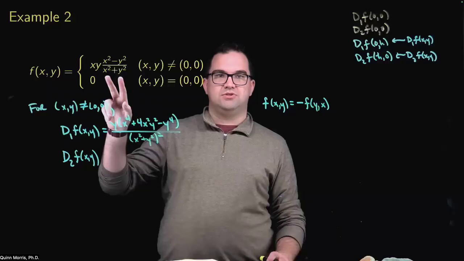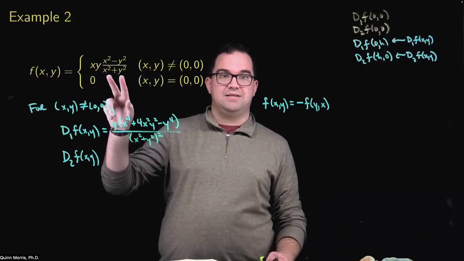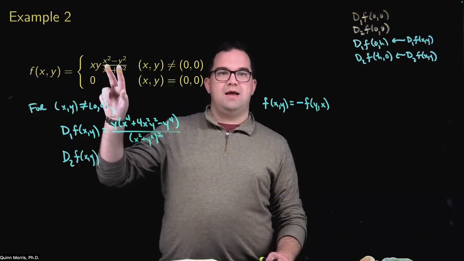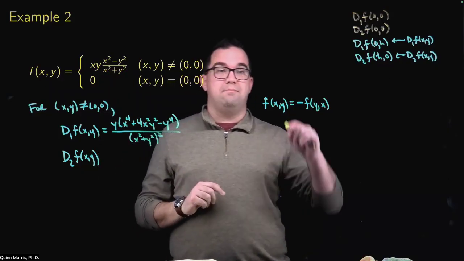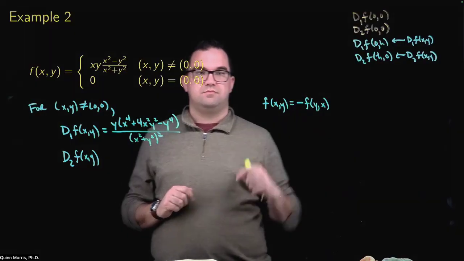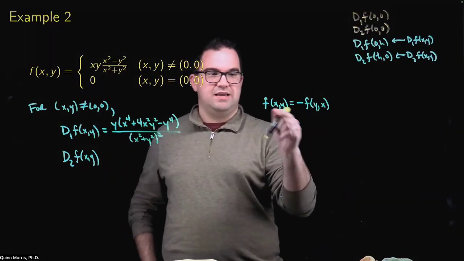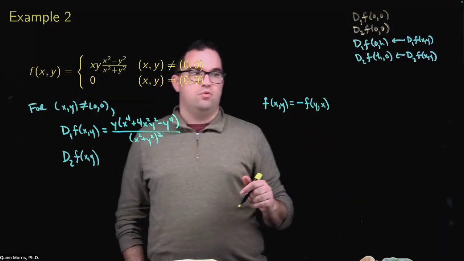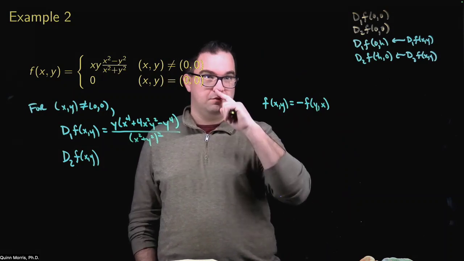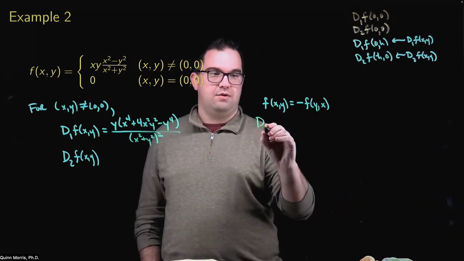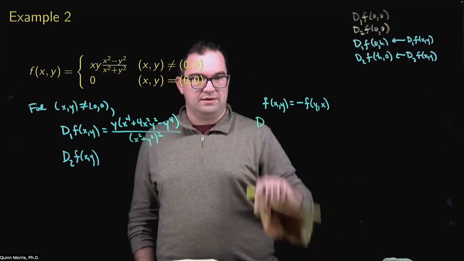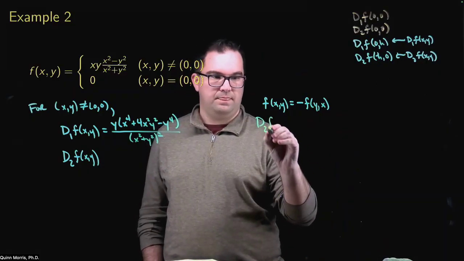X squared plus y squared just becomes y squared plus x squared, which is the same thing. And in the numerator, x squared minus y squared becomes y squared minus x squared, which is different, but it just negates things. So because you have this, if you wanted to take a derivative with respect to the y variable, that would be taking a derivative with respect to the second variable.